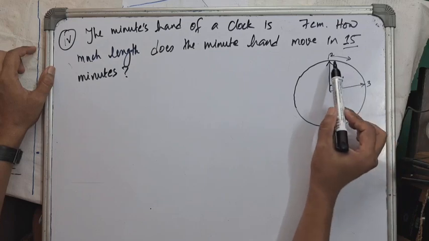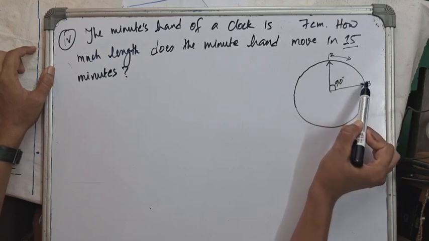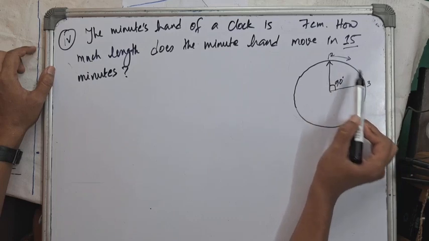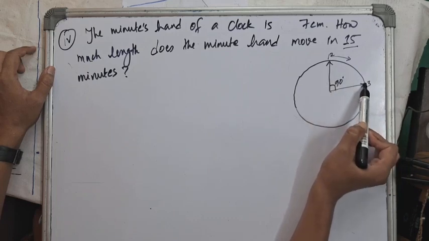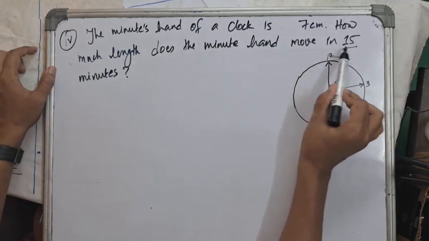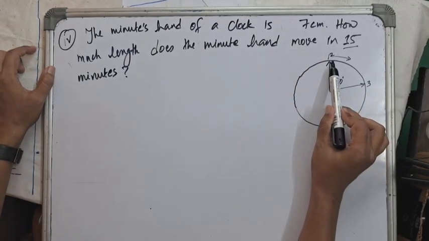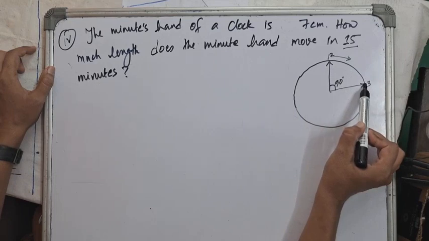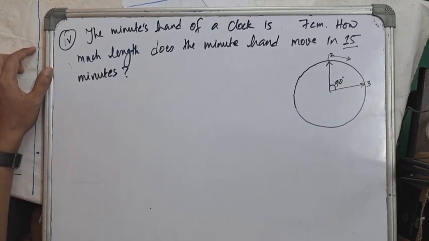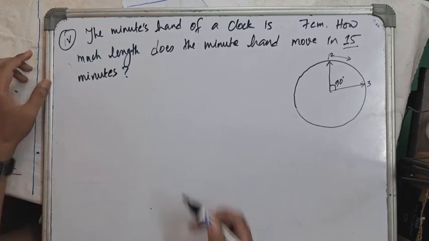We are asked to find the distance covered by the minute hand in 15 minutes. The distance from this point to this point is the distance covered by the minute hand in 15 minutes. We have done this question earlier in question number 2, isn't it?